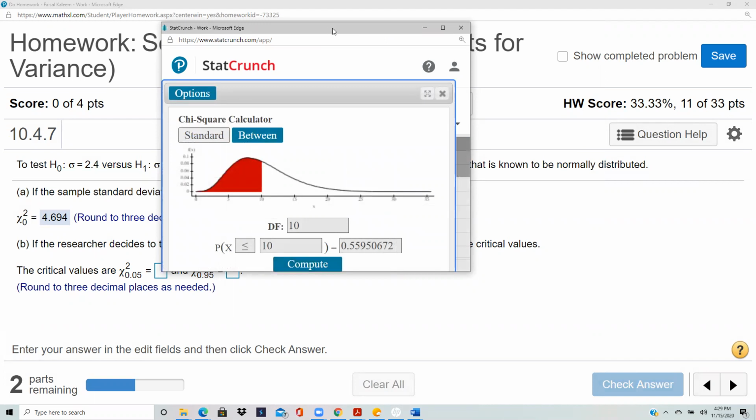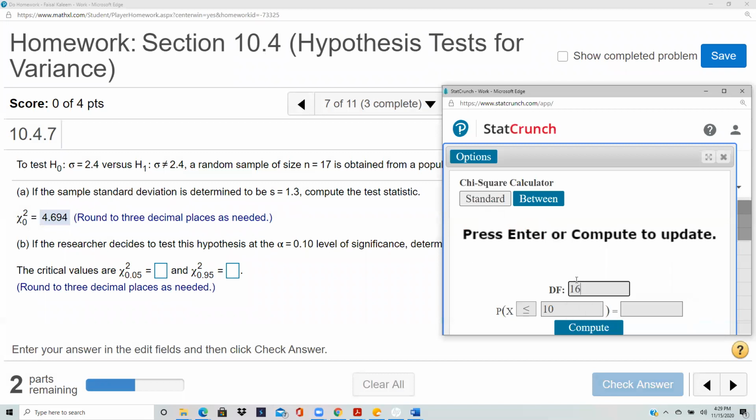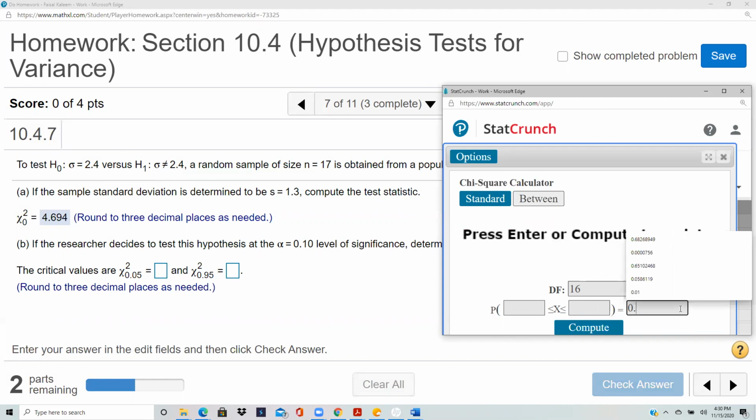Degrees of freedom will be 1 less than the sample size, so 16. And now remember, the between is the two-tailed, this is two-tailed because we have not equals to. So the two-tailed is done by doing the between, and instead of using alpha, we use 1 minus alpha. So 1 minus 0.10 is 0.9 in the area.